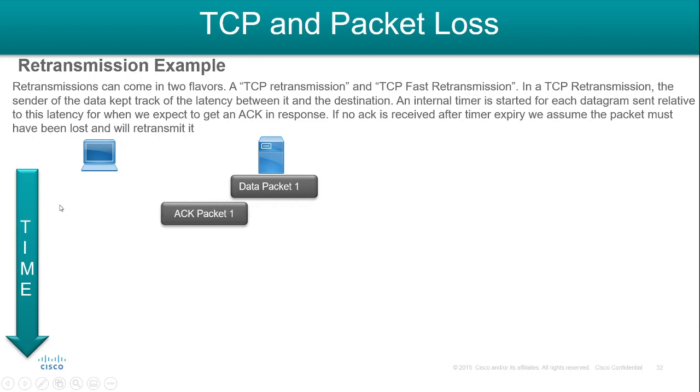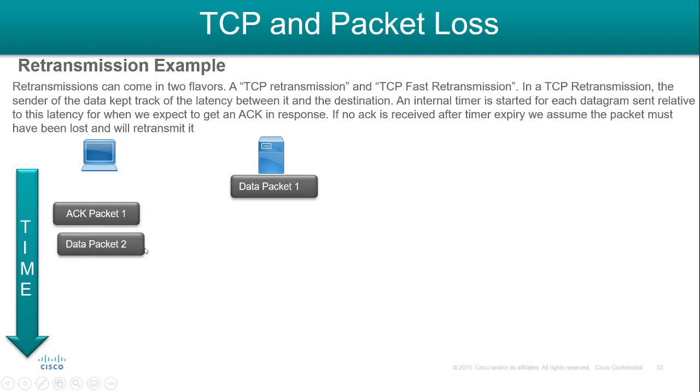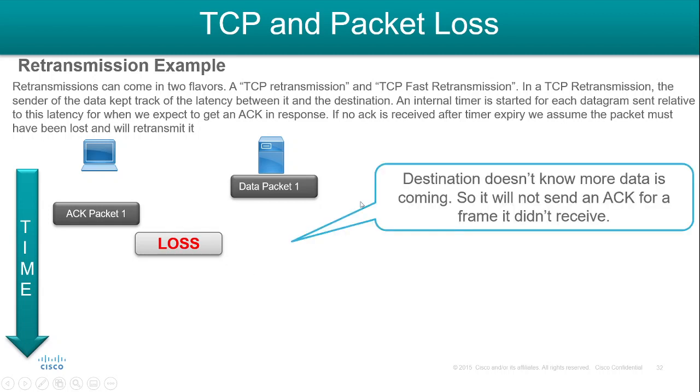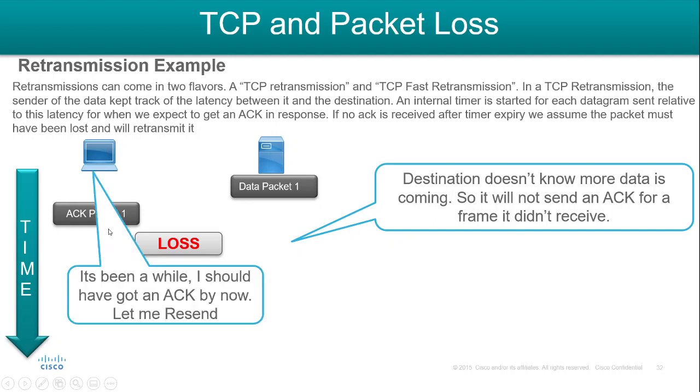That is the normal flow. But if for some reason the client goes to send a data packet and that packet is lost on the network, the destination may not know that that packet was coming. So the client goes, I have not heard any acknowledgement from the server, but I should have.